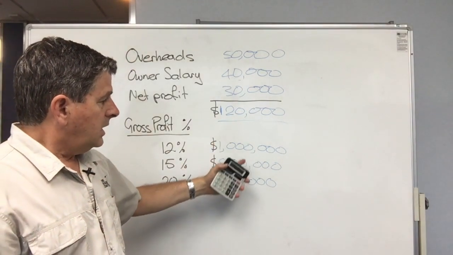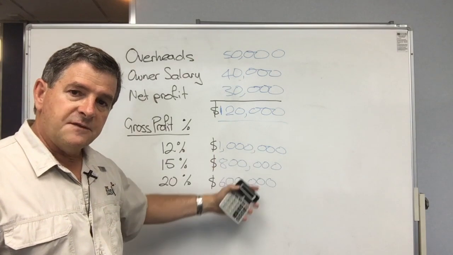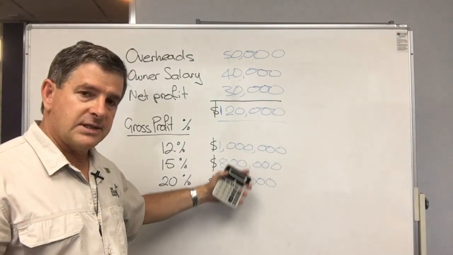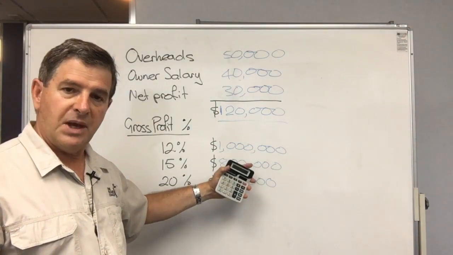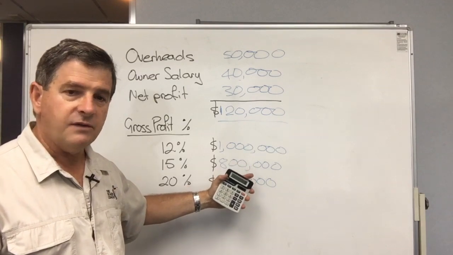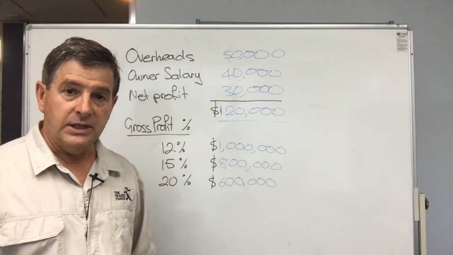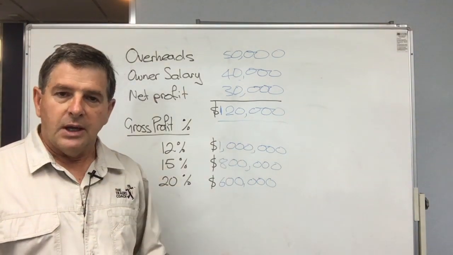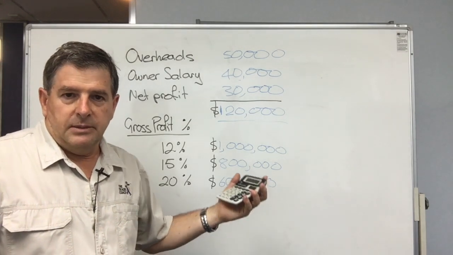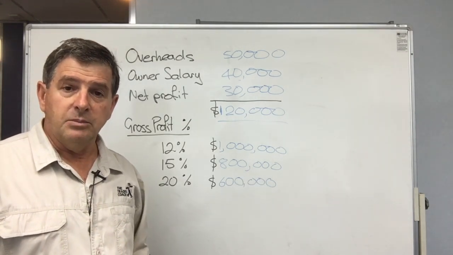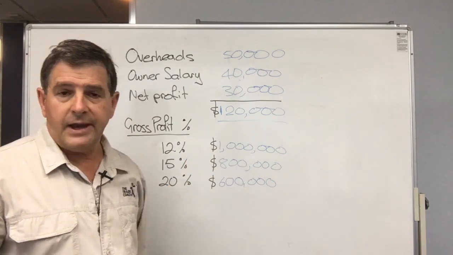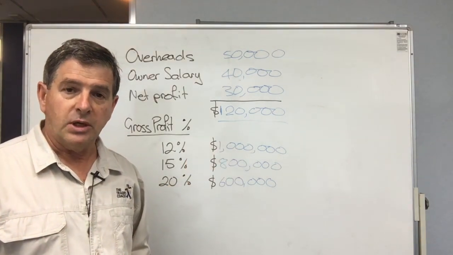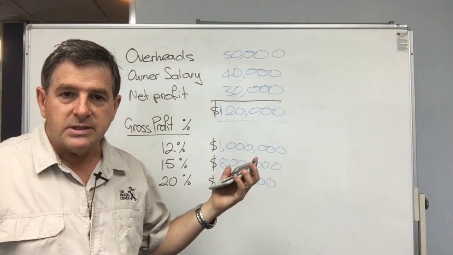So you need to look at these figures and ask whether they are realistic for your business based on the number of team members that you have. It's all very well saying I need to do $1 million worth of turnover, but if you've only got 2 guys in the business, that ain't going to work. You're not going to do $1 million worth of work unless you start building your places out of gold bricks or something.